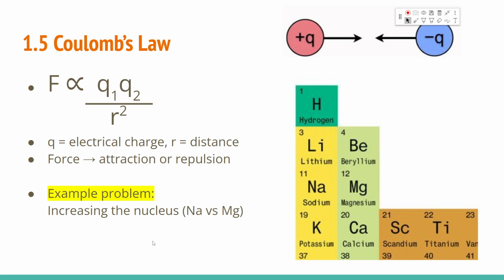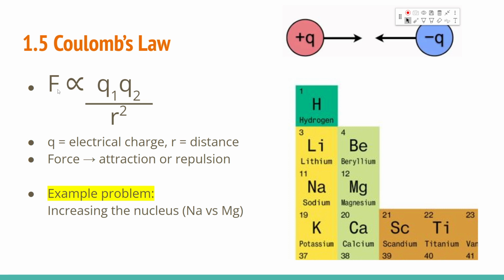And so when I increase the nucleus's proton amount, that's going to increase the attraction between the protons and the electrons. That's one of the relationships you should be able to figure out just by looking at this and thinking about numbers and how things would be attracted. Now, because magnesium has more protons, even though it has more electrons too, more protons and electrons means more attraction towards each other.